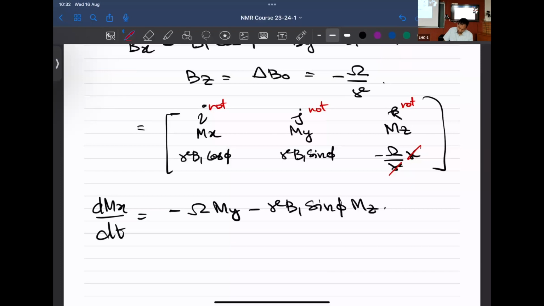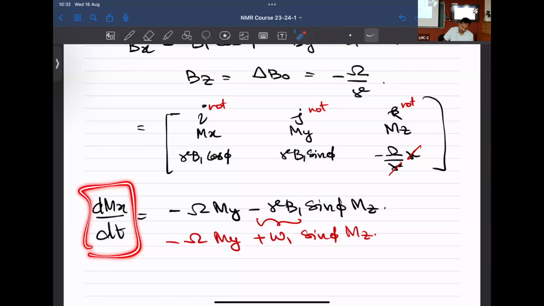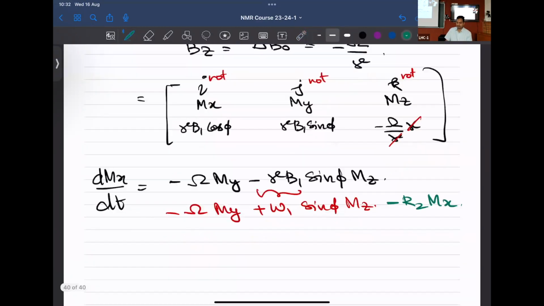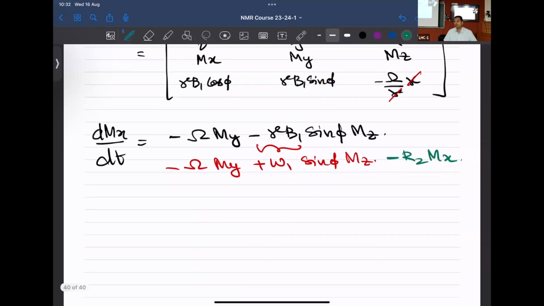And what is going to be minus gamma B1 plus omega 1 sine phi Mz. Everybody followed? And importantly, you guys knew from the Bloch equations what is going to be dMx over dt. That's going to be equal to minus R2 times Mx. Makes sense? Everybody followed what's going on?